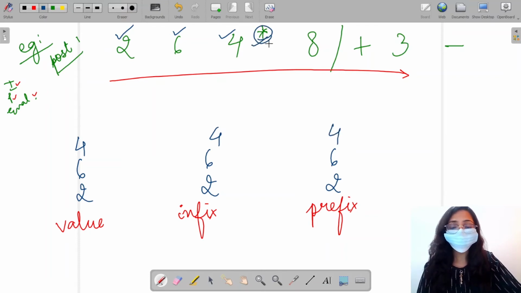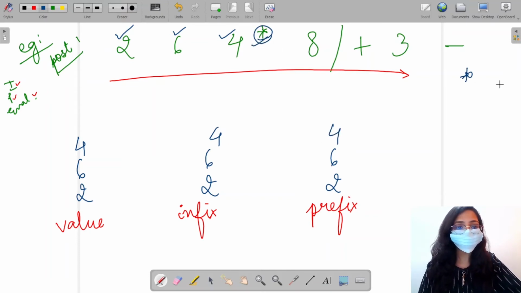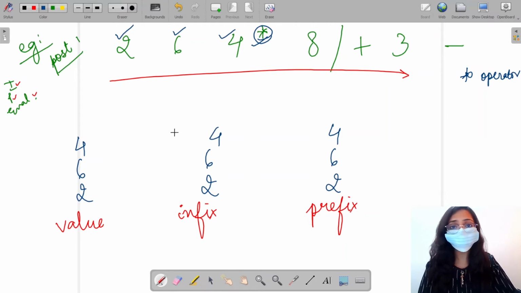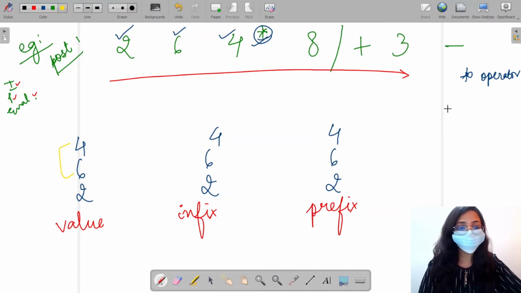Now we come across multiply. Multiply is an operator. So now we need to do certain tasks on the stack so that we can modify them and create our answers accordingly. So in the value stack, obviously we need these two values, right? So for that we will need to pop these values.